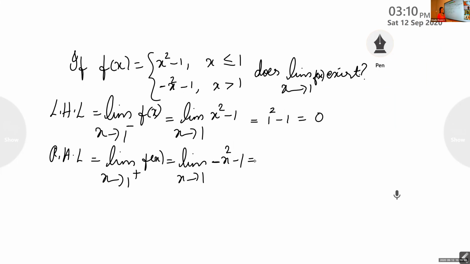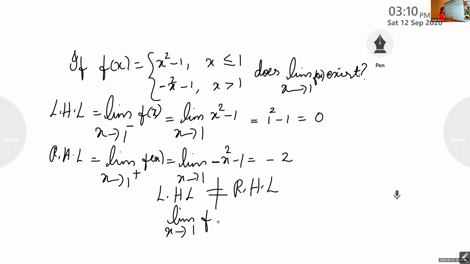So what answer will you get? Minus 2. So is the left hand limit equal to the right hand limit here? No. Therefore left limit is not equal to right limit, so the limit as x tends to 1 of f of x does not exist.